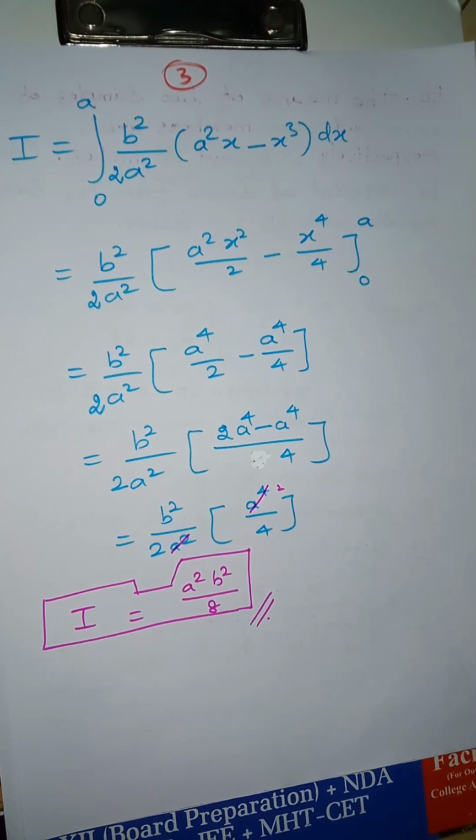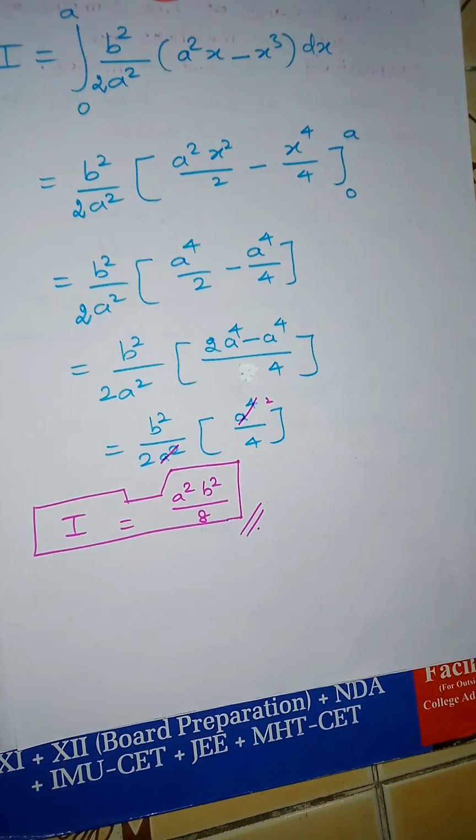So keep b squared by 2a squared as it is, and then substitute wherever we have x or x squared or x power 4, whatever may be in terms of x, the upper limit first, that is a. So a squared x squared will be a power 4 by 2, x power 4 will be a power 4 by 4, isn't it?